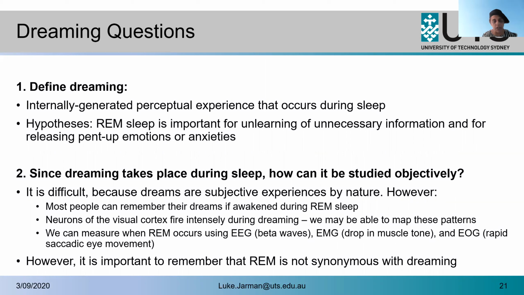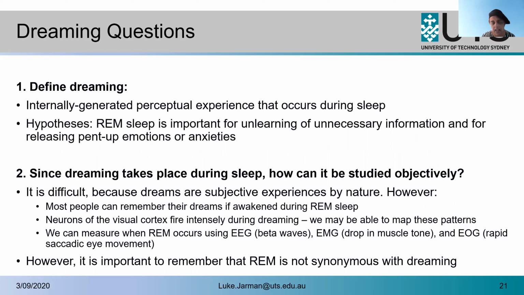We can also measure when REM occurs, like I said, using these electroencephalography or electromyogram, which is EMG, or electrooculogram, because there's changes in eye activity, brain patterns, as well as rapid saccadic eye movement during dreams.